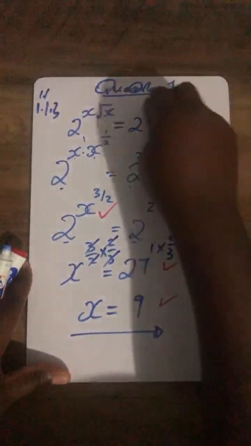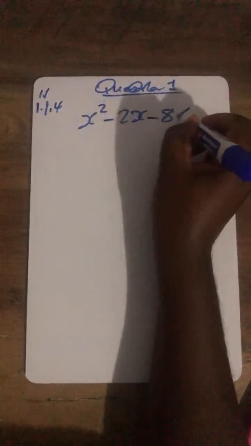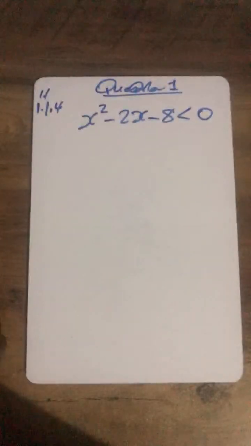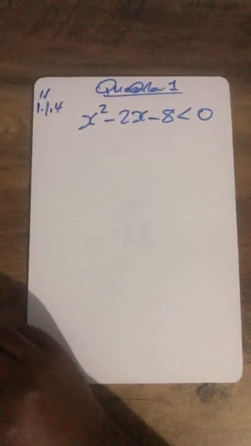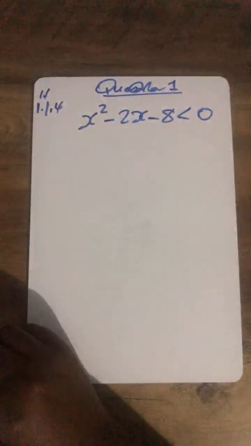So now, very quickly, let's move on to the next question, being 1.1.4. So there we have x squared minus 2x minus 8 being less than that. What if you used a different method but got the same answer?